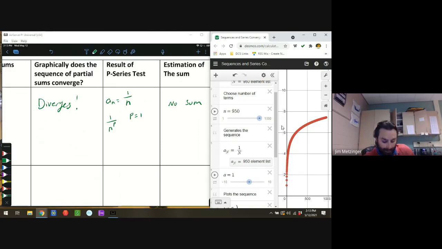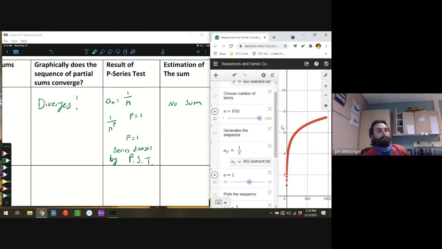Since our p was not greater than 1, since it equaled 1, the series diverges by the p-series test. If you're using a test to classify this, you write the test, and I just abbreviate it PST, like I do for geometric series test. But all we're doing is figuring out if it converges or diverges. And if it converges, we guesstimate a sum.